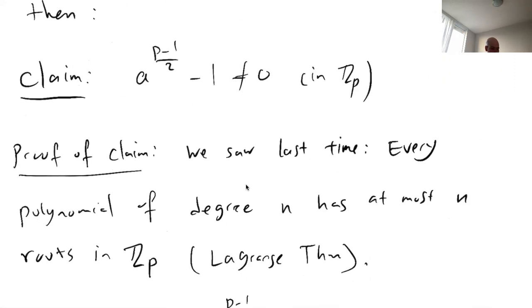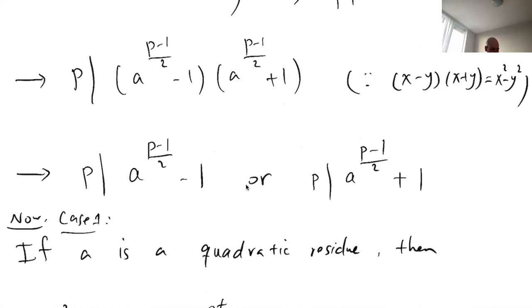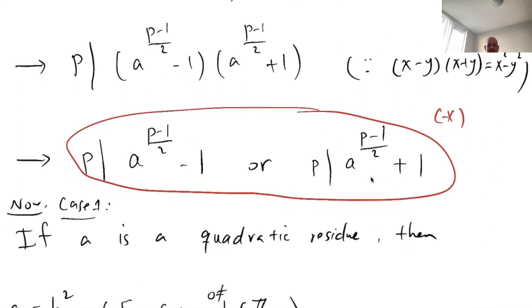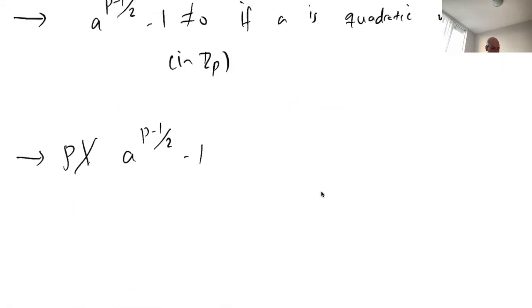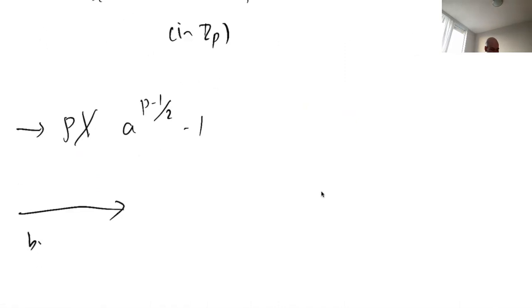Now this number is not divisible by p, but look at this one. We know that either this number or this number must be divisible by p. So if a is a quadratic non-residue, this number will not be divisible by p, so this number must be divisible by p. So by star above, p divides a to power (p minus 1) over 2 plus 1.